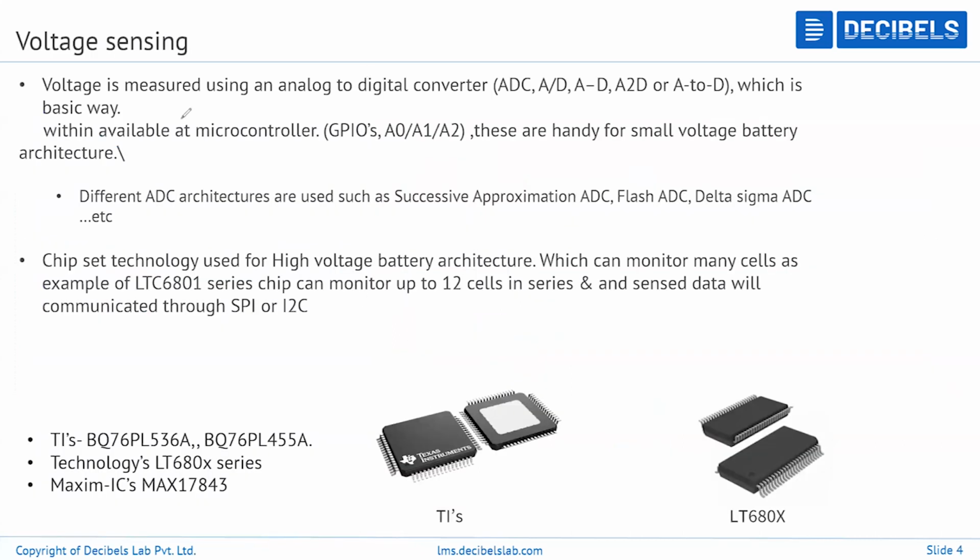So when I talk about voltage sensing, when we talk about a vehicle, let's take a two-wheeler, a scooty segment. Most of the scooty segment vehicles have 48 volts as the nominal voltage of their battery. Based on different cells, 13 to 14 cells will come in series connection.